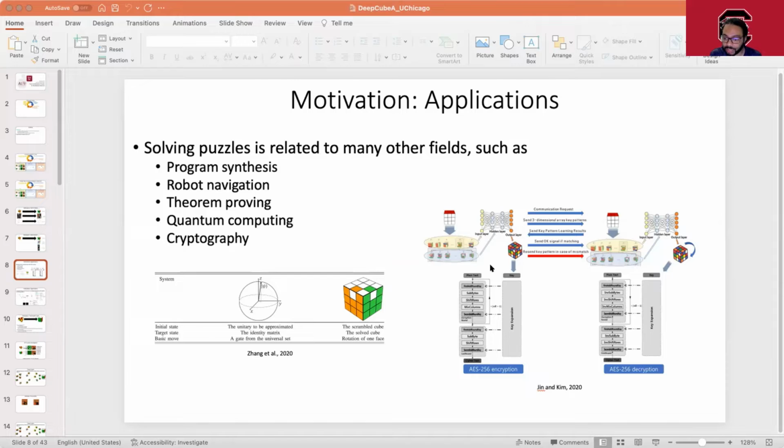As we scramble it 15 times, it only solves it maybe 45% of the time. And if you scramble it more times, like 20 and 30, it's even less than that. So we see that it's learned something, but it's not able to reliably solve this problem. So we need something in addition to this to allow our agent to solve this problem.